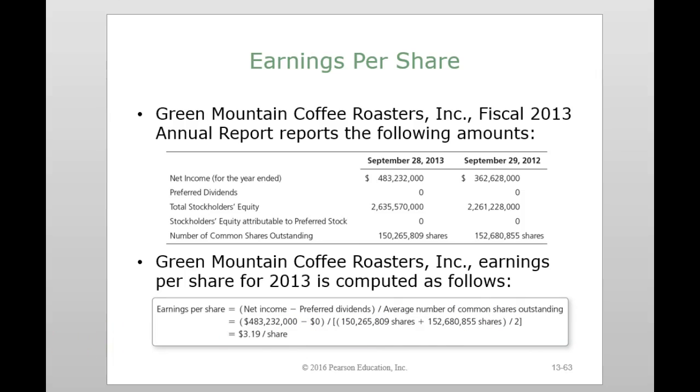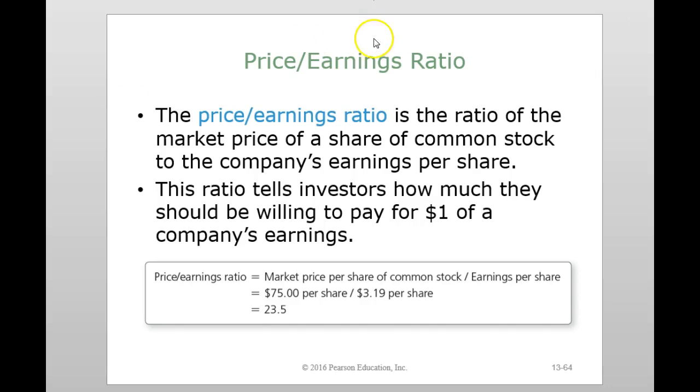Now, remember that number because you're going to need that for the PE. So now you can do a price earnings ratio. That basically tells you how much they should be paying for each dollar of company earnings for a share. Let's say the market price of the stock is $75, and the earnings per share is $3.19.